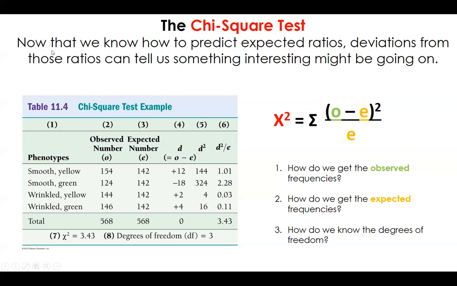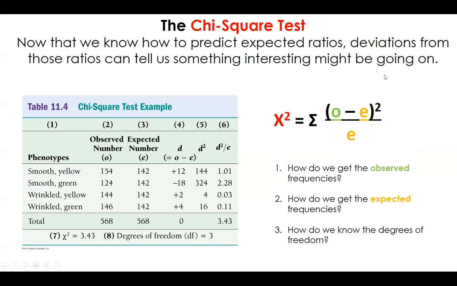The essence of this is knowing what to expect from these ratios and comparing what we expected to what we actually see, and seeing if that difference is large enough to be something we should explore further. So we need a few values here. We're going to need what we expected, what we observed, and then a couple of other details as we go.